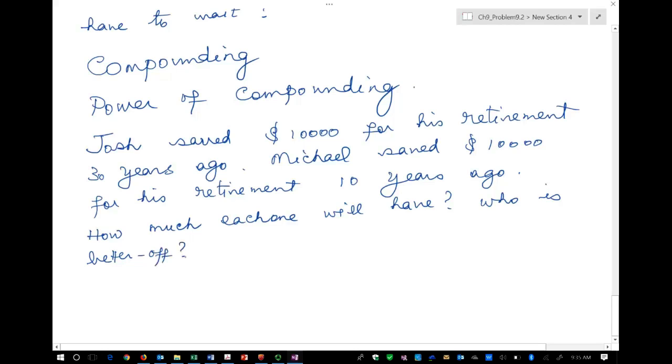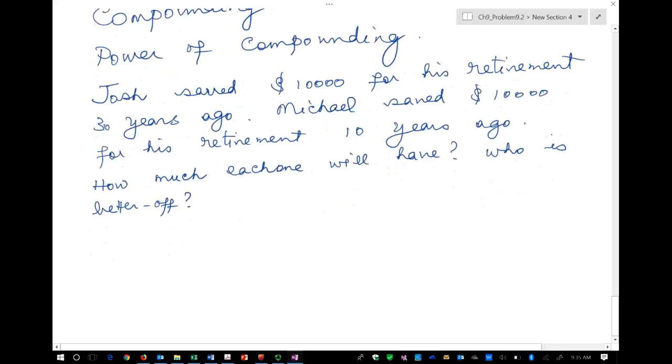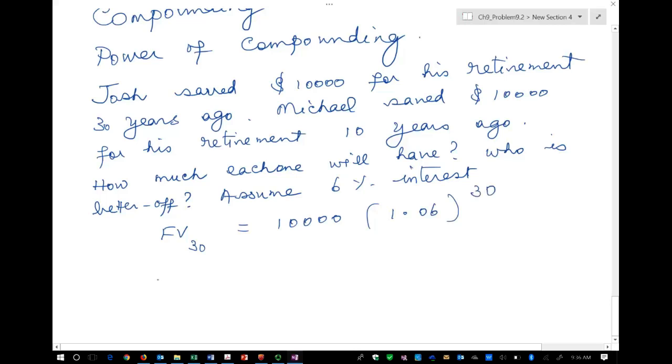If I ask you that question, what will you do? You can quickly do it in the spreadsheet. If you don't have any spreadsheet, you should still be able to calculate. Future value for 30 years would be 10,000 multiplied by, let's assume the rate, I didn't give you the rate, assume 6% interest, 1.06 raised to the power 30, and future value at the end of the 10-year period would be 10,000 multiplied by 1.06 raised to the power 10.